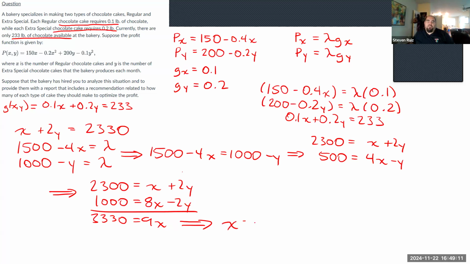So x equals 370. That is an answer I found earlier, which means that y is equal to what? So 2,330 minus 370 divided by 2 is, that is not right. What is going on with me?